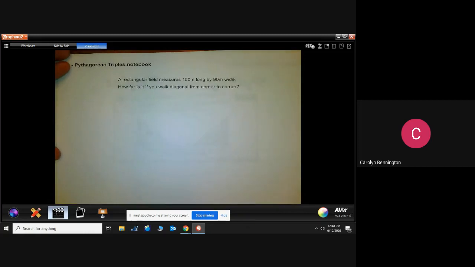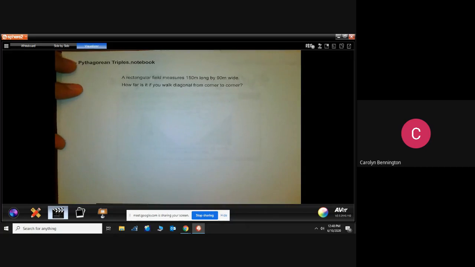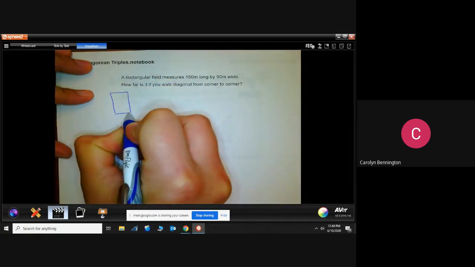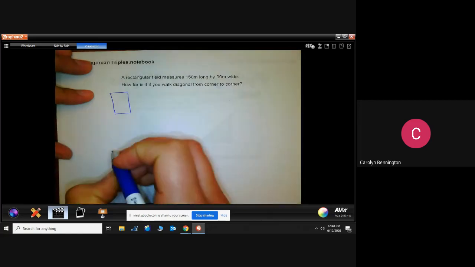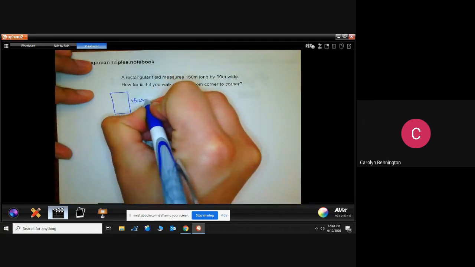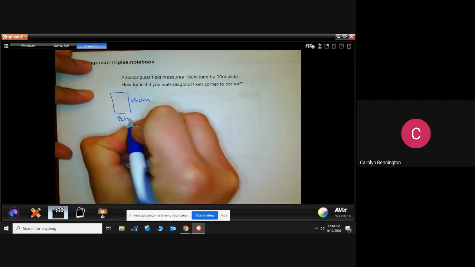Okay, we'll take a quick look at a word problem. So a rectangular field measures 150 meters long by 90 meters wide. How far is it if you walk diagonally from corner to corner? Okay, so we're just going to draw a little diagram. And our field is 150 meters long and 90 meters wide.